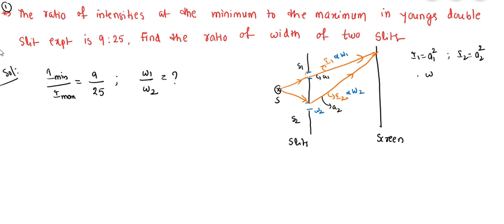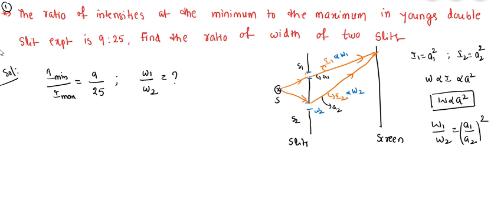Formulas we know, and the width of the slit is directly proportional to the intensity, and the intensity is directly proportional to the square of the amplitude. Simply we write the width of the slit is directly proportional to the square of the amplitude. If you want to find the ratio of the widths of the two slits, then we write the ratio of the amplitudes emitted from the two slits, square. This is the formula. The ratio of amplitudes we have to find out.